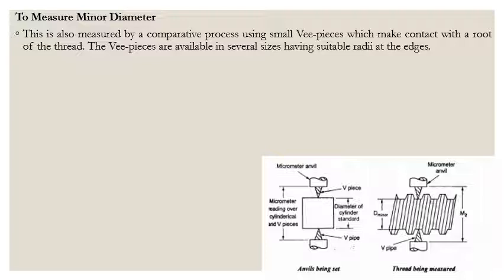This is also measured by a comparative process using small V pieces which make contact with the root of the thread. The V pieces are available in several sizes having suitable radii at the edges.